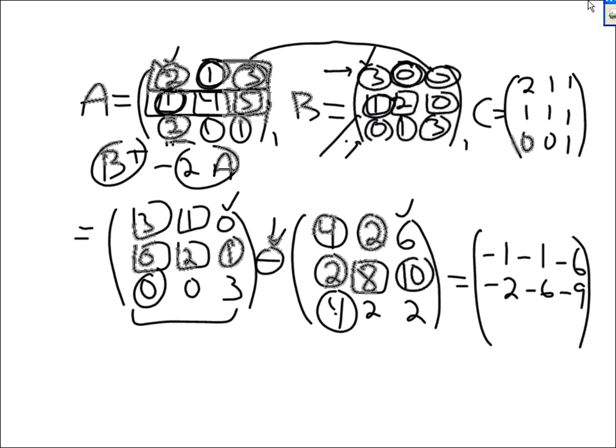So, B transpose minus 2A equals this over here, equals that matrix.